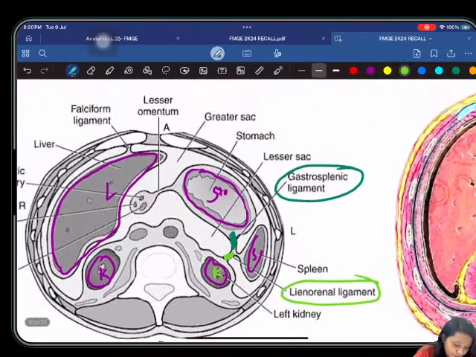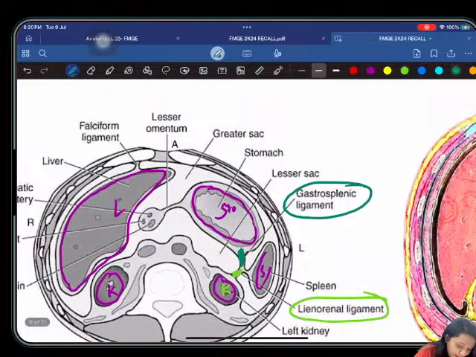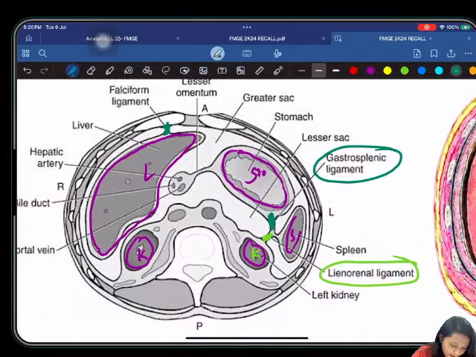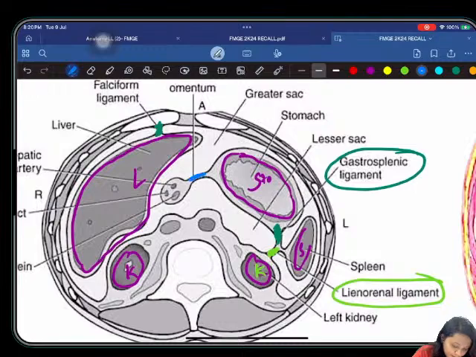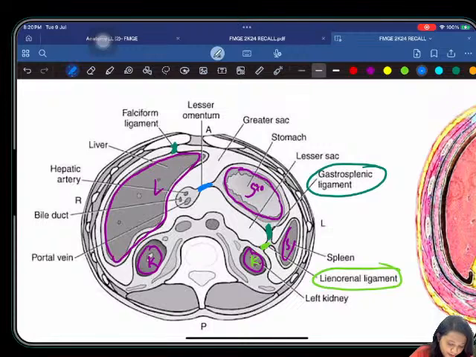You can also see another ligament here, the falciform ligament, from the liver. This area is the lesser omentum, and this area is the greater sac.